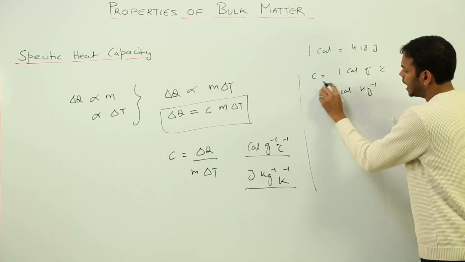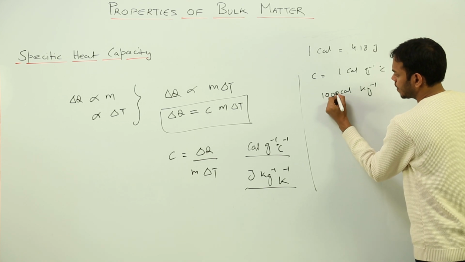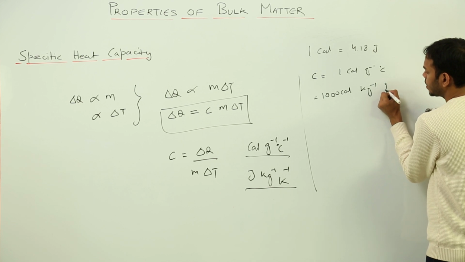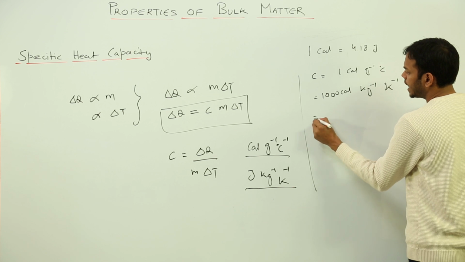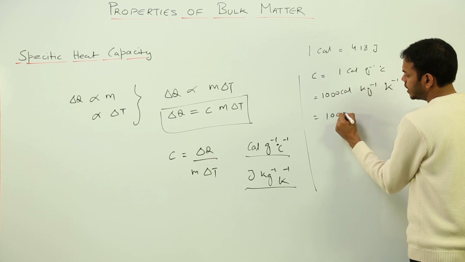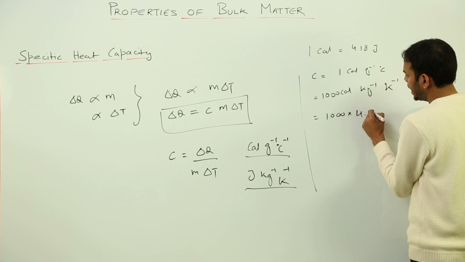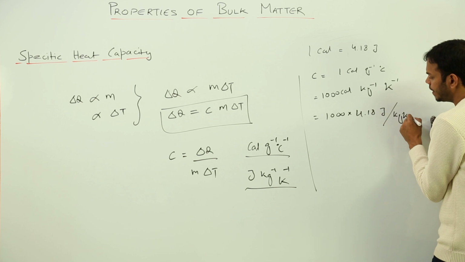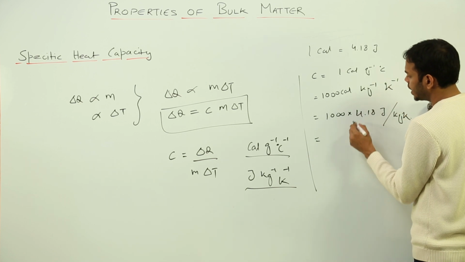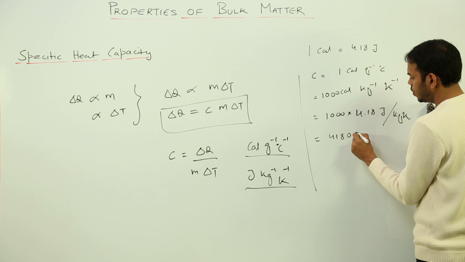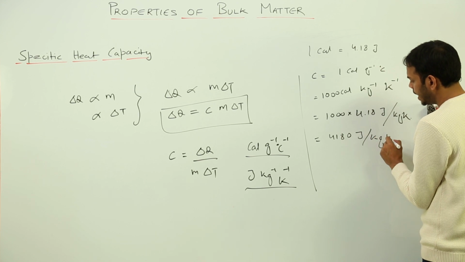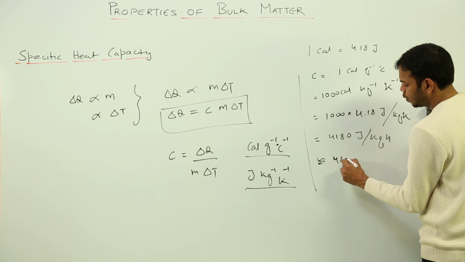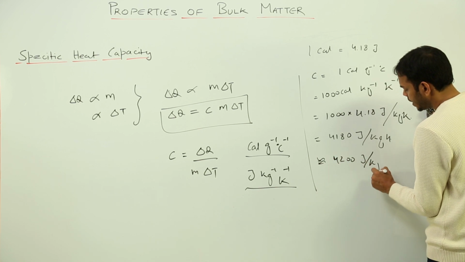That means here I'll have 1000, and per Kelvin, so Kelvin to the power minus 1. Now changing calorie to joules, 1000 into 4.18 joules per kg Kelvin. I prefer writing it this way, it's more convenient. So this becomes 4180 joules per kg Kelvin, or in numericals we take it as 4200 joules per kg Kelvin.